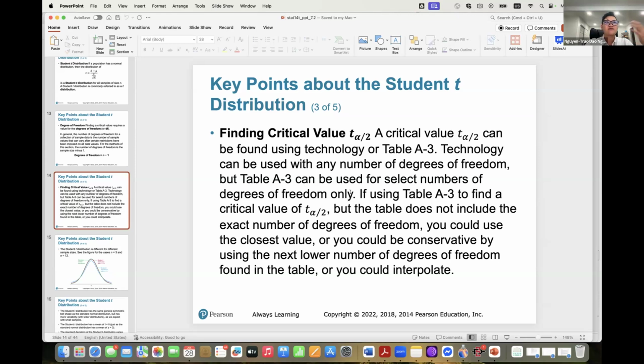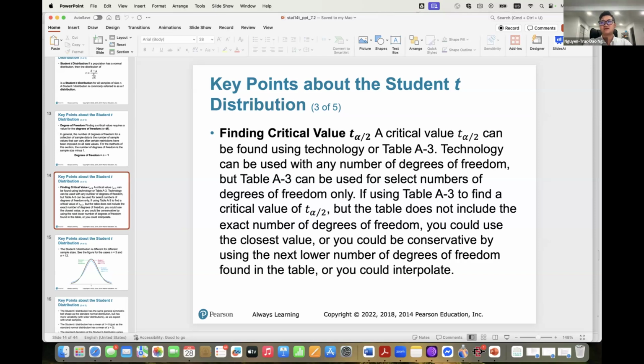It is going to be more convenient if using table A3 to find a critical value of t alpha over 2, but the table does not include the exact number of degrees of freedom. You could use the closest value, or you could be conservative by using the next lower number of degrees of freedom found in the table, or you could interpolate, so we can approximate it, right?